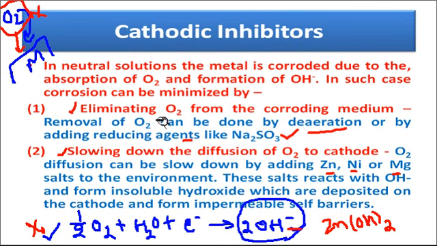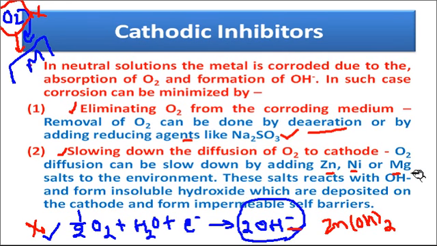To eliminate the oxygen from the surrounding environment, we can use the de-aeration method or reducing substances like sodium sulfite, etc. And to decrease the diffusion of the oxygen to the cathode, we can use different types of metallic salts like zinc, nickel and magnesium.